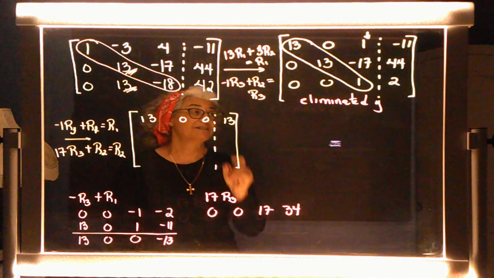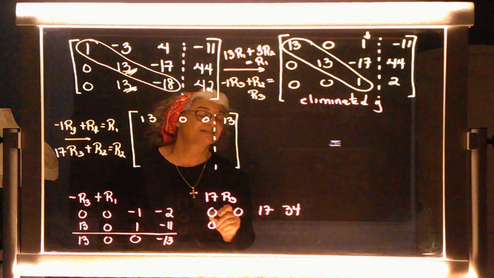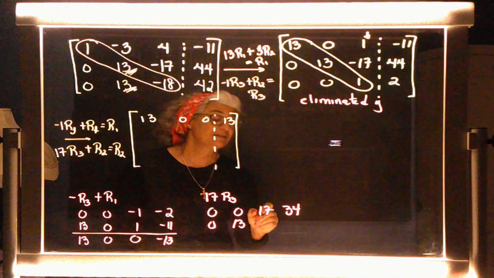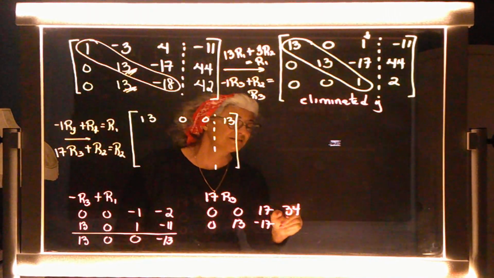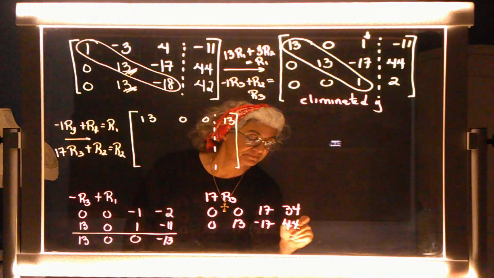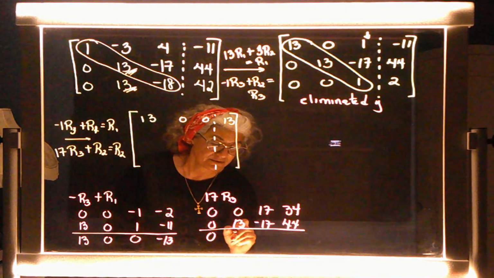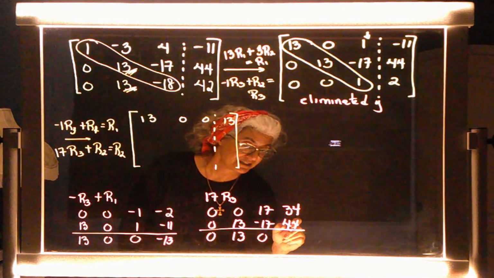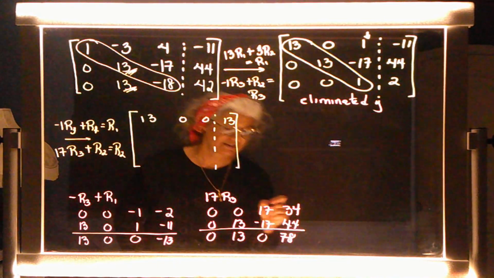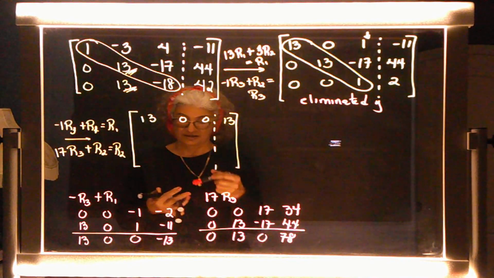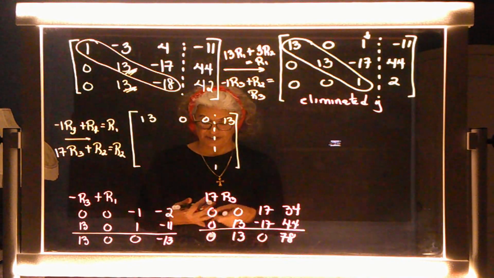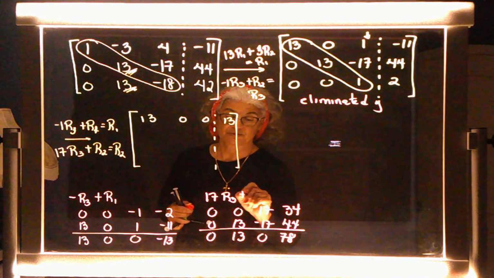And then we just have to add it to the second row, which is 0, 13, negative 17, and 44. 0, 13, 0, and 78. So that looks like our new, whoops, I'm sorry, I forgot to say plus row 2 here.